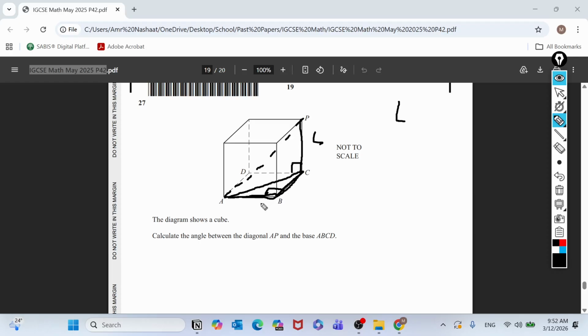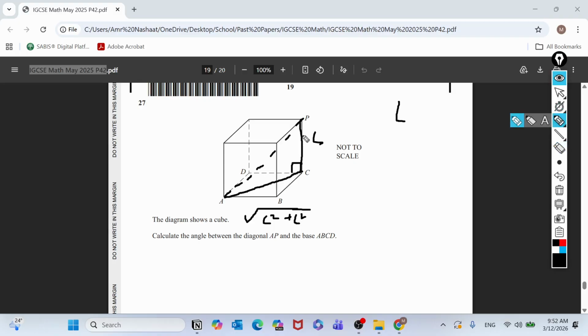This is equal to the square root of L squared plus L squared. So this is equal to that.